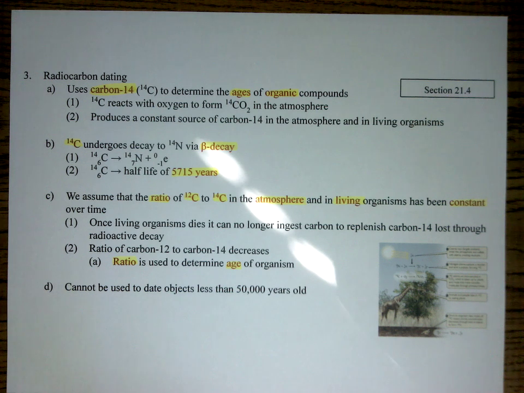When they dig up some particular fossil, they take a sample, for example a bone, and they analyze how much carbon-14 is actually left in that bone. They compare that to how much should be there, and they're able to solve that T for time and determine how old some formerly living creature is.